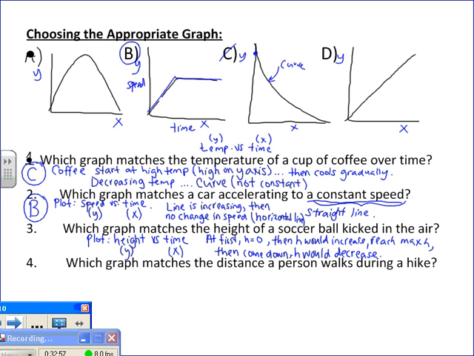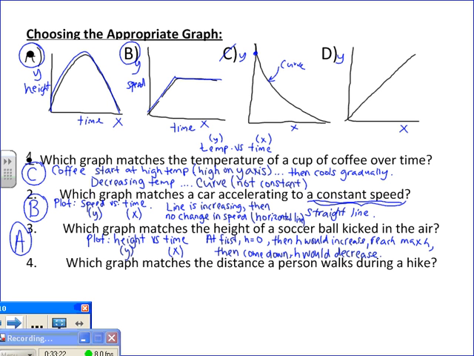So which of the graphs match that? Looks like A. If this was my height and this was my time, so height versus time, I would start off on the ground and then I would kick the ball, it would come up in the air, reach a maximum height, and then come on back down again. So graph letter A matches number 3.